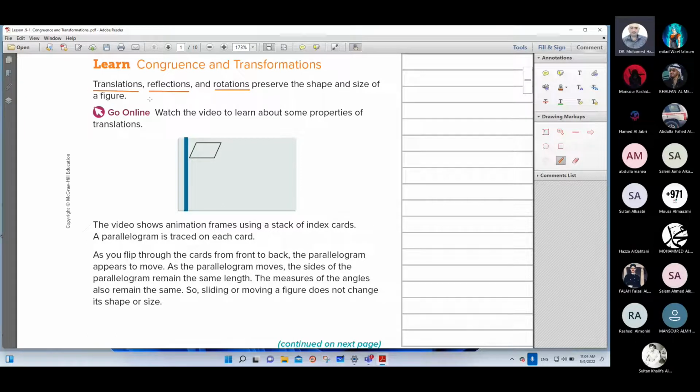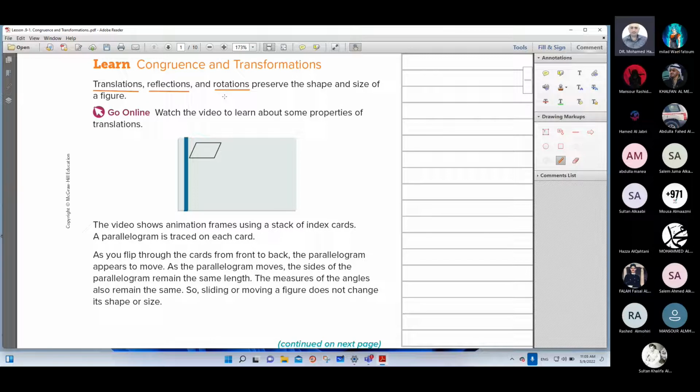Translation, reflections, and rotations keep the same size for the figure. So if you have a figure as a pre-image, when you do translation or reflection or rotation, you will get the image the same size. The image will be congruent with the pre-image. This is the meaning of congruence.